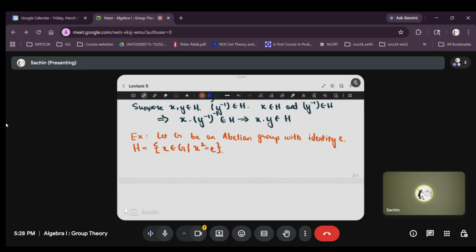So they either have order 1 or order 2. So it is the set of all elements with order 1 or 2. Now show that H is a subgroup of G.